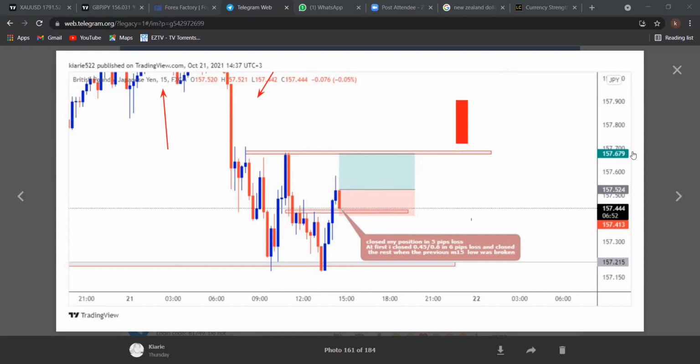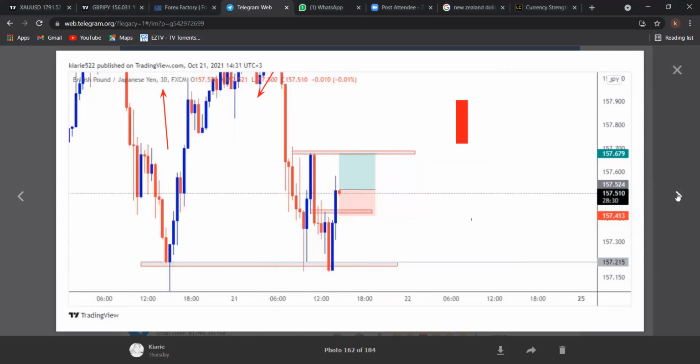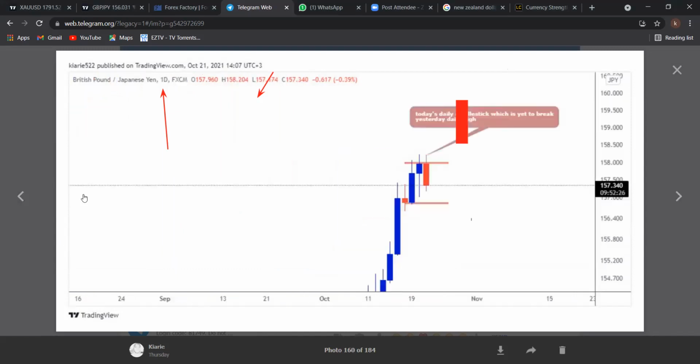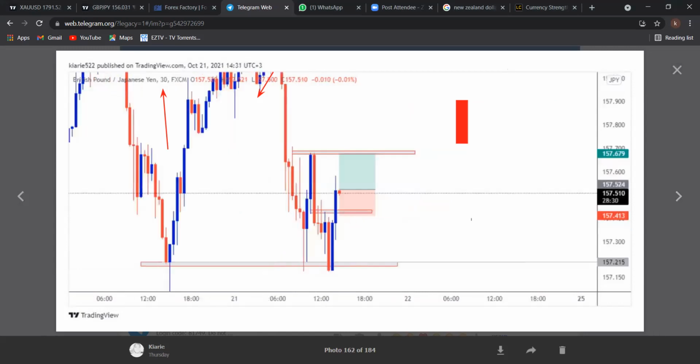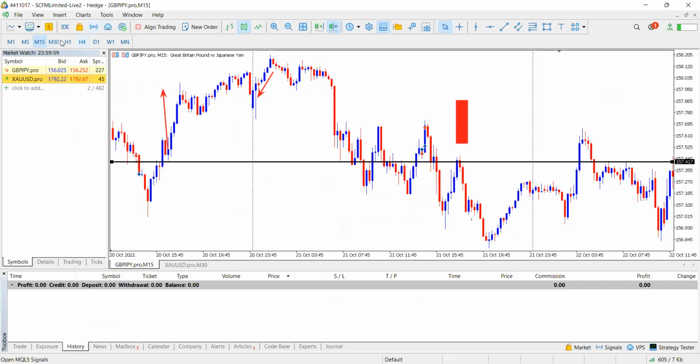Ndio nikasema, unaona entry yangu hiyo trade ikianza ndio hii hapa, nika close. So the next entry ilikuwa hii candlestick ilipo close, kama sijui kama utaiona, hii ndio nili close hapa, resistance yangu ilikuwa hapa.